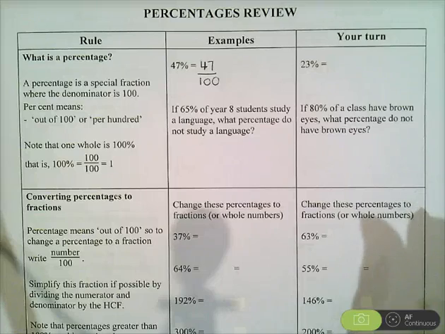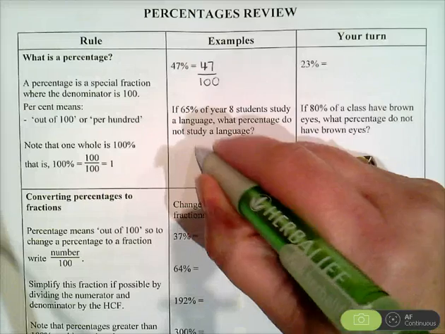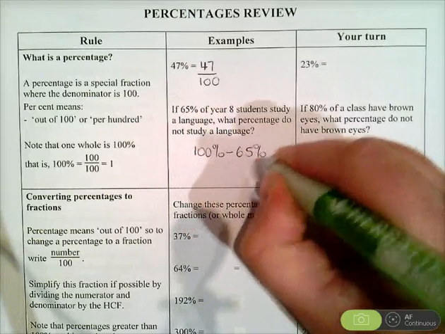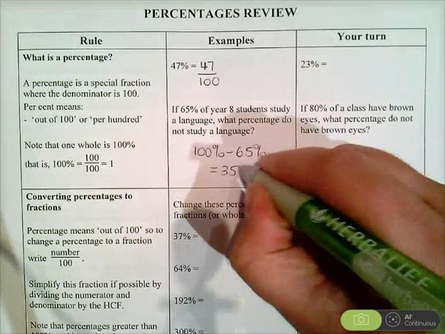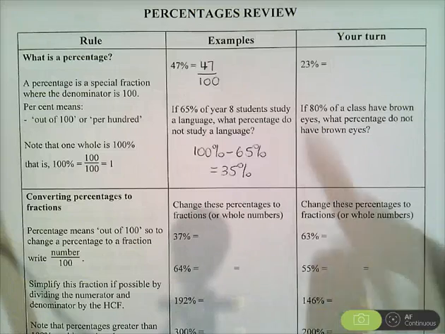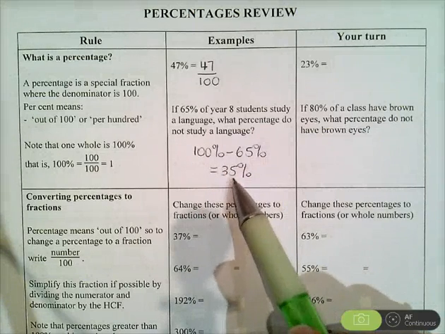That would be the percentage that do not study a language. So 100% minus 65% is 35%. So 35% do not study a language. On your calculator you can just go 100 minus 65, and I've got 35% left over.